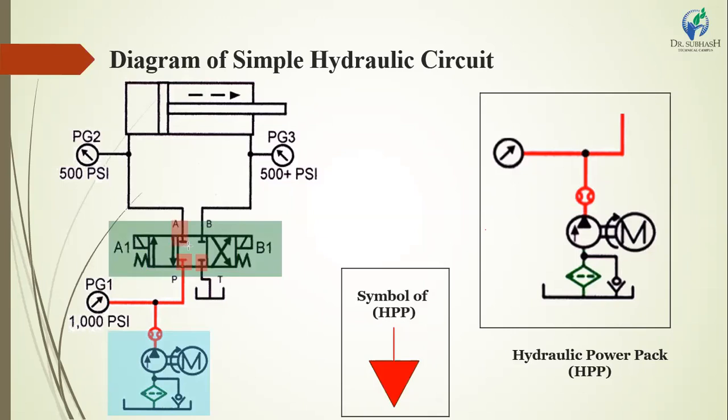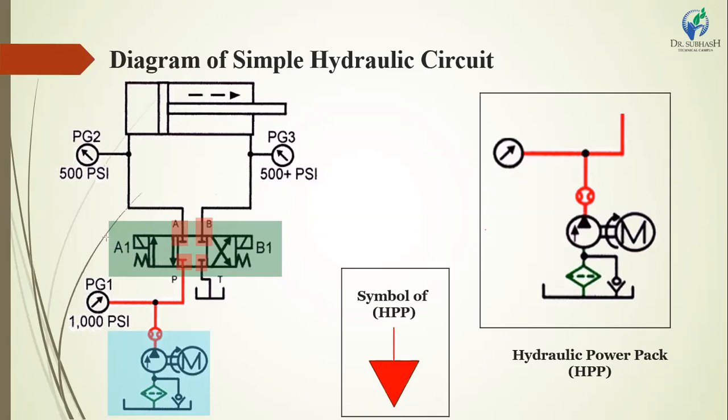This point is A, meaning oil passes from the direction control valve to the hydraulic circuit, and this point is B, where hydraulic oil also passes from the direction control valve to the hydraulic circuit. These four ports make a four-way valve.